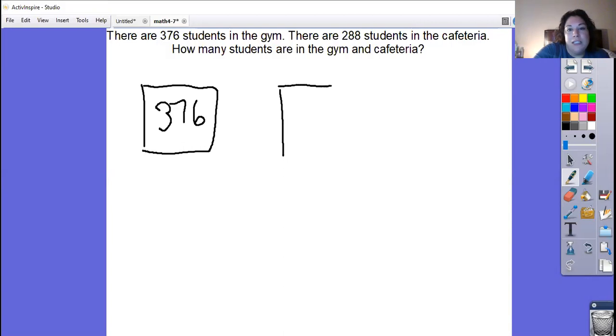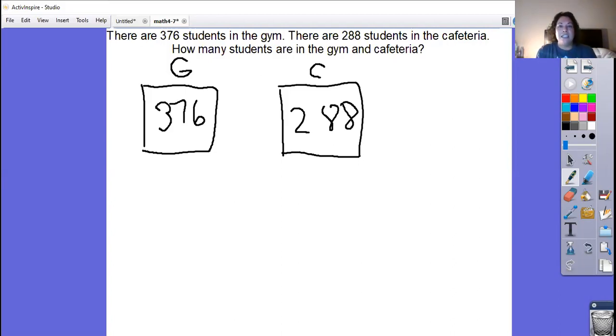So I'm going to draw another room. Here's my cafeteria. I'm just going to label it to keep it clear in my head. So that was the gym. Here's the cafeteria. I have 288 students in the cafeteria.